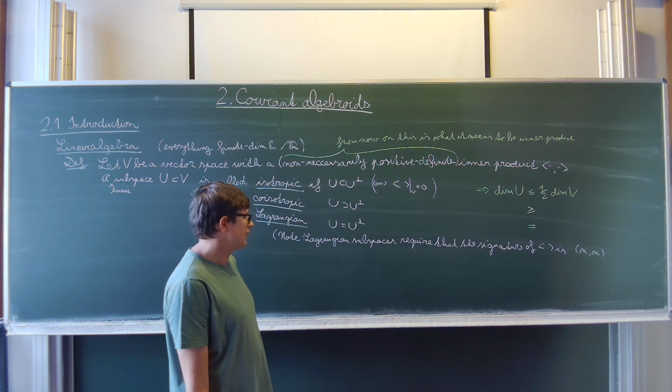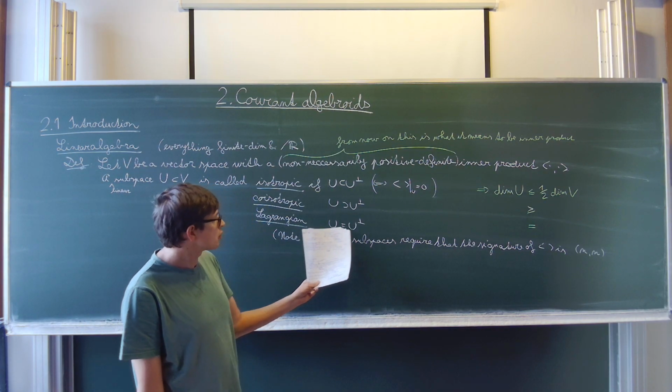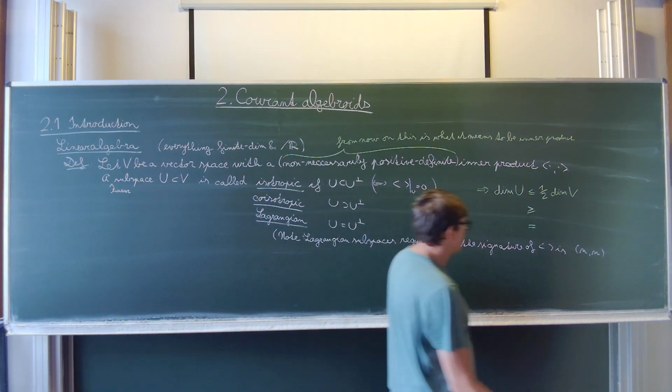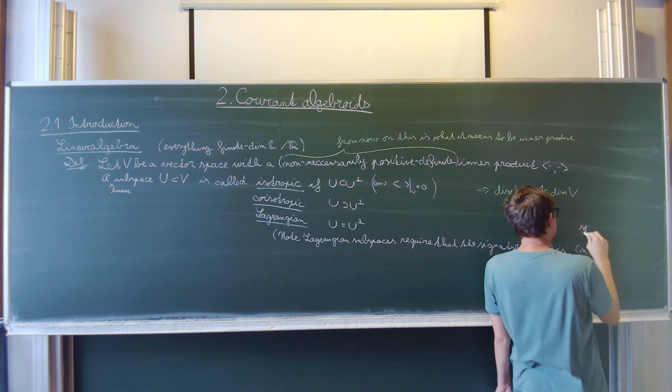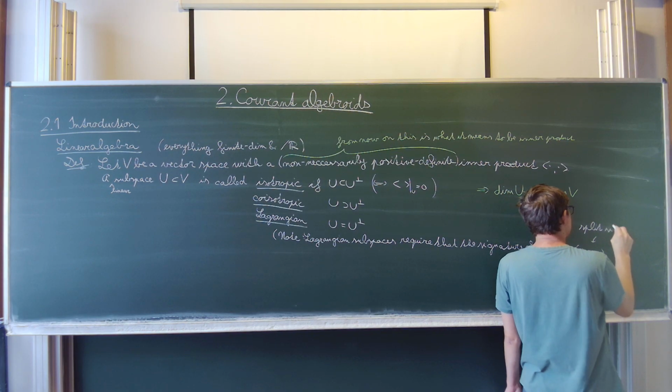Otherwise, you can show easily that you cannot have a half-dimensional space which is isotropic. People call this the split case or split signature.